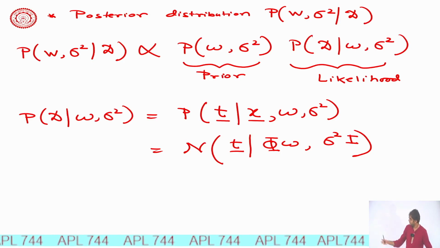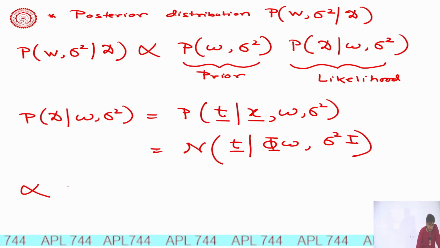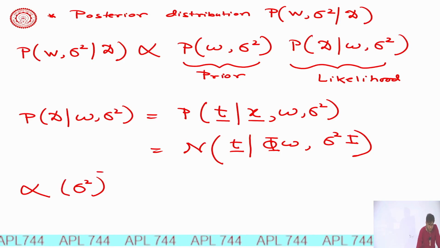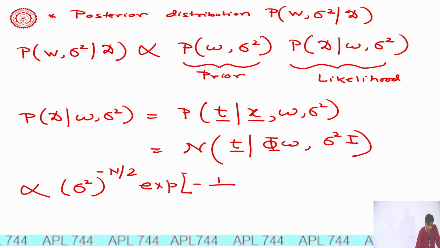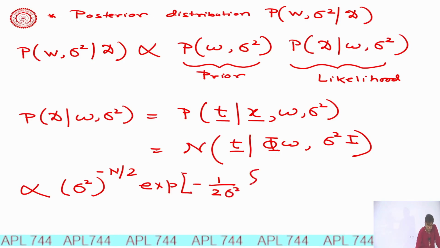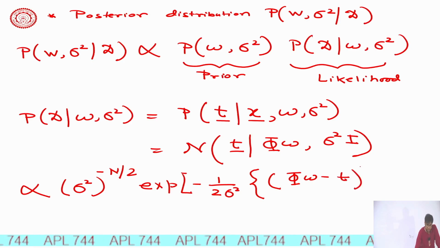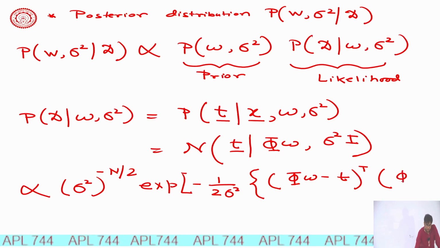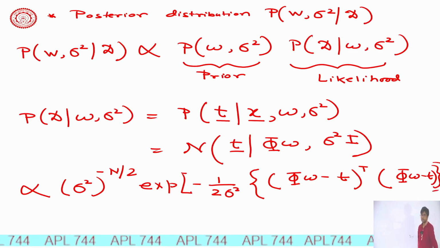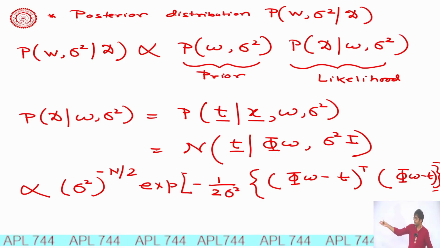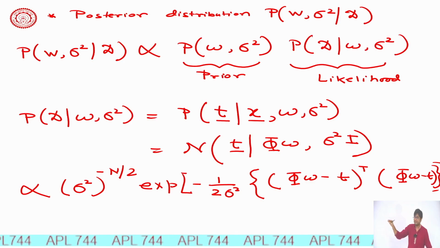The same thing written in a compressed form is proportional to sigma square to the power minus n by 2, exponential of minus 1 by 2 sigma square, phi W minus T transpose, phi W minus T. This is the PDF expression of the multivariate Gaussian, and it's proportional because I'm not writing the total normalizing constant.